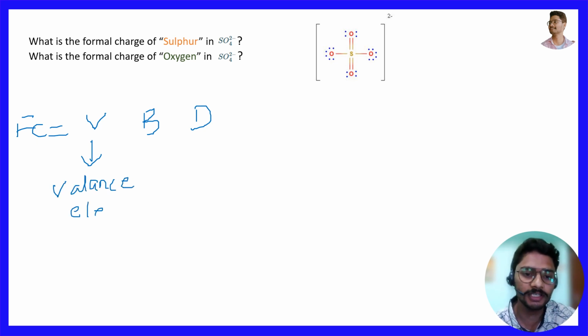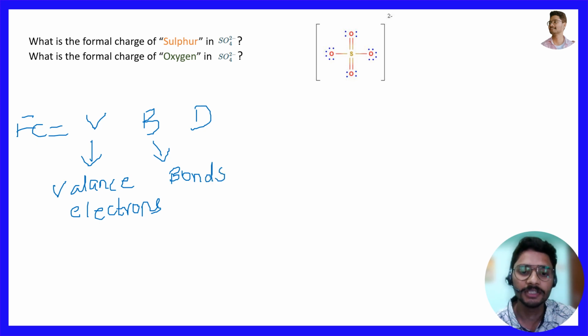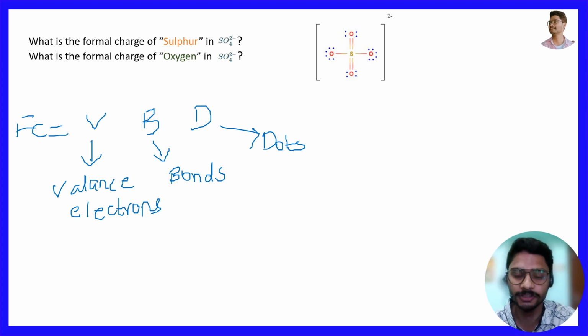We all know the number of valence electrons if we have an idea of the periodic table, right? B stands for the total number of bonds, and D stands for dots. To solve this question, we need to write the structure of the molecule as a Lewis dot structure.